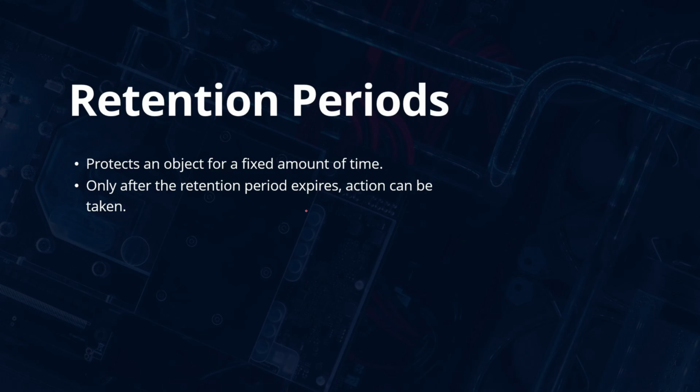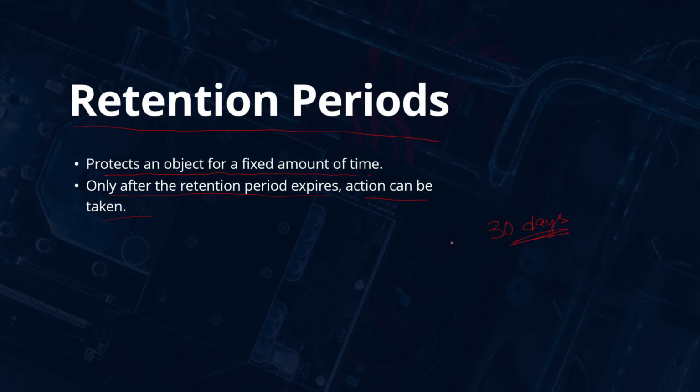Moving forward, we have something that is called retention period. Now, this retention period is common for both of the object lock modes that we have. It basically protects an object for a fixed amount of time, and only after the retention period expires, action can be taken. So, for example, you uploaded an object to an S3 bucket, and you set an object lock onto that, saying that you want the retention period to be 30 days. Okay, your retention period is 30 days.